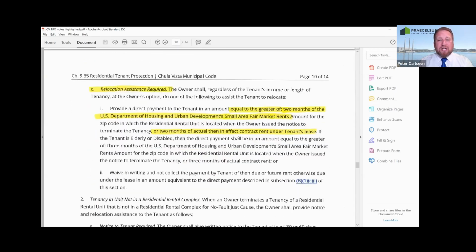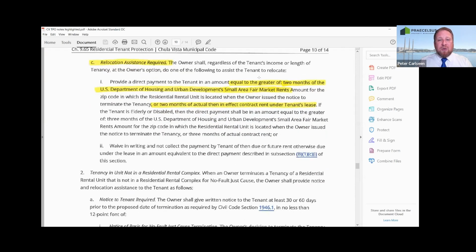Going back to the relocation assistance required. And this is why sometimes exempting the property when it's able to be exempted is important. So a tenant is entitled to the greater of, so this isn't necessarily the rent that they're paying, but the greater of 2 months of rent or 2 months of the U.S. Department of Housing and Urban Development's small area fair market rents.